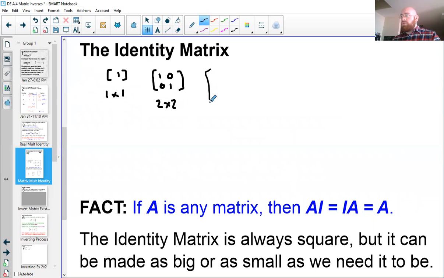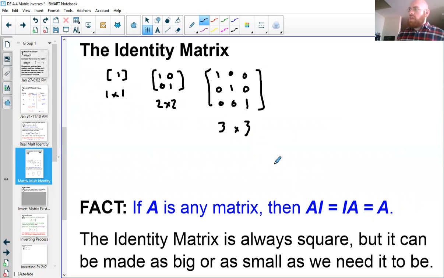If we have a 3 by 3, it's going to be 1, 0, 0, 0, 1, 0, 0, 0, 1. Pause for a moment and predict what the 4 by 4 identity matrix is going to be.